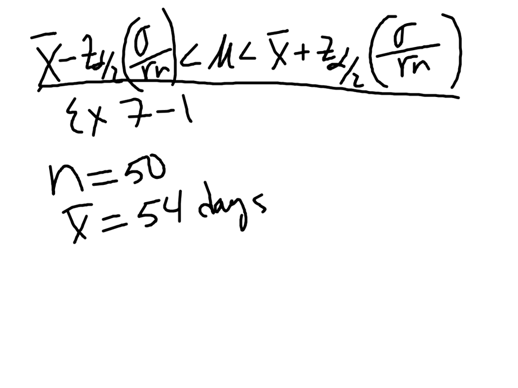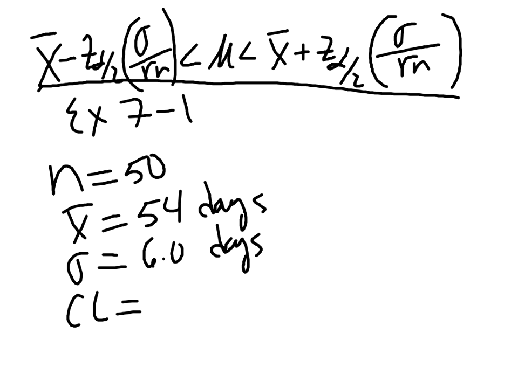The next thing that they tell us is that the standard deviation is known to be 6 days, actually 6.0 days. So we want to be 95% confident of the interval of the population mean. That's for the number of days. So our confidence level is equal to 0.95 or 95%.